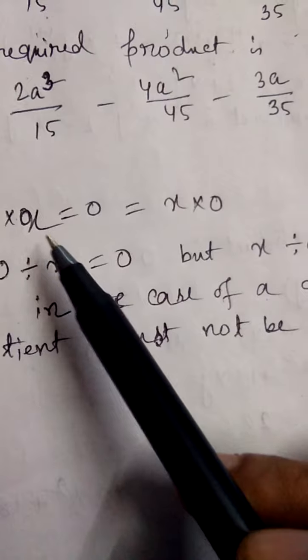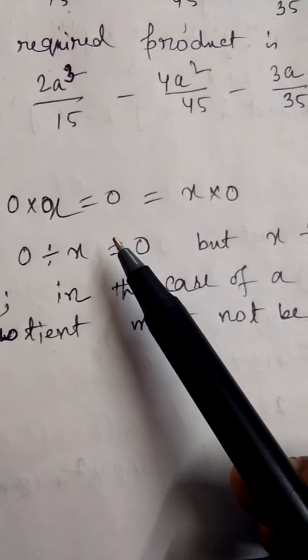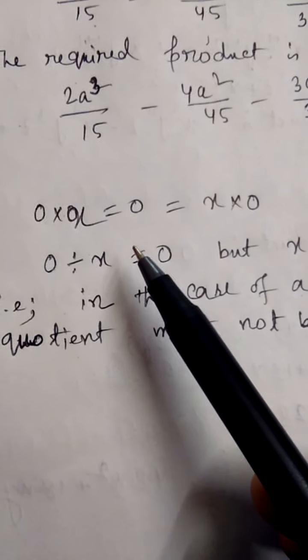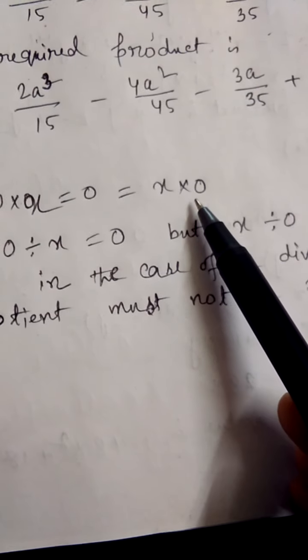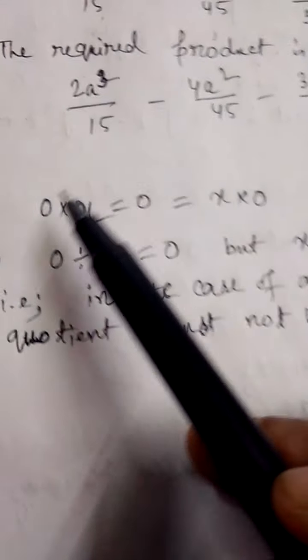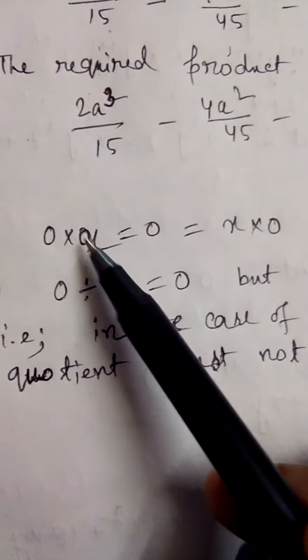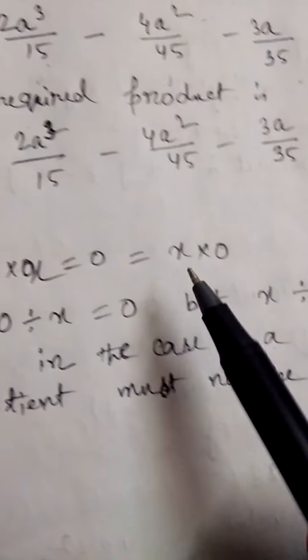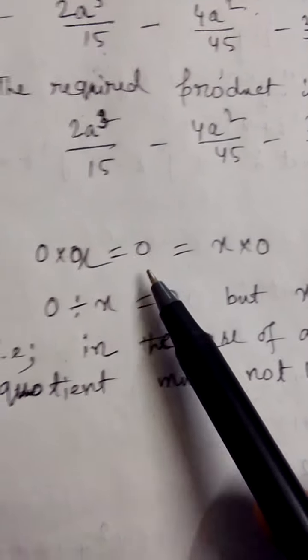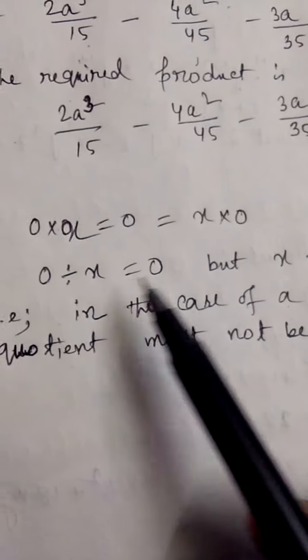Here some important things are given. 0 into x equal to 0 equal to x into 0. If we multiply 0 with any number, then we shall get 0. If we multiply any number with 0, we shall get 0. 0 divided by x equal to 0, but x divided by 0 is undefined.